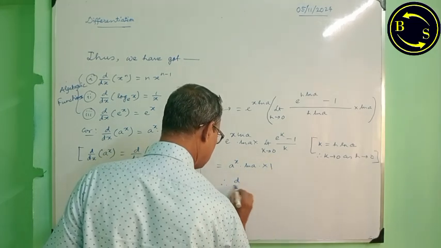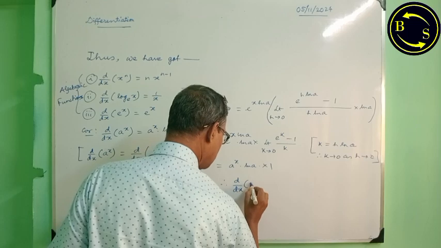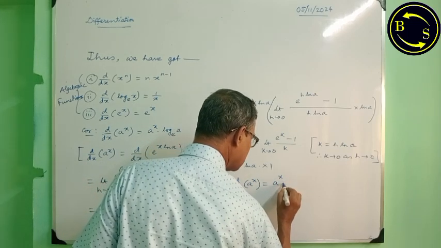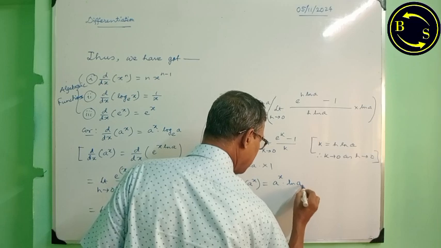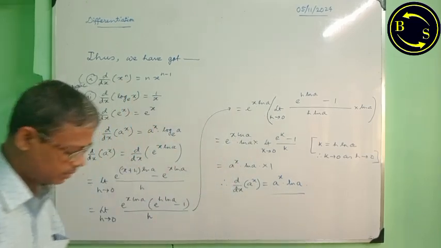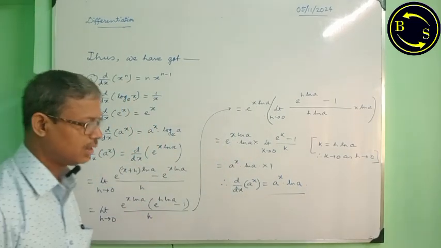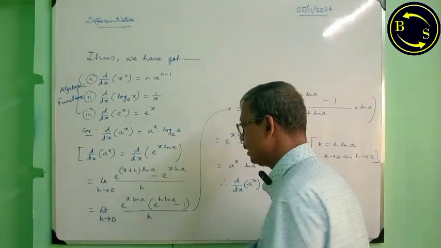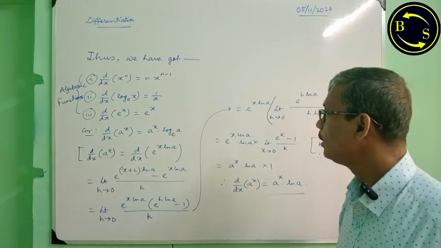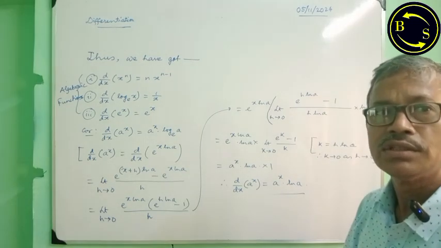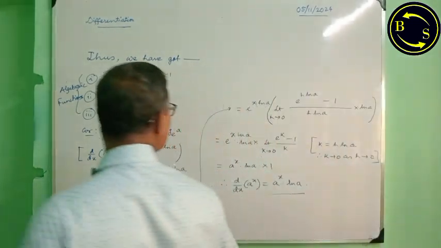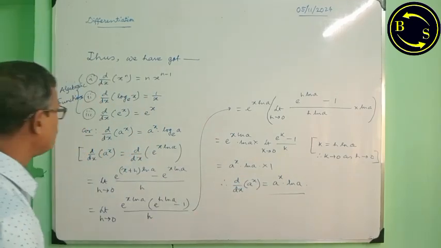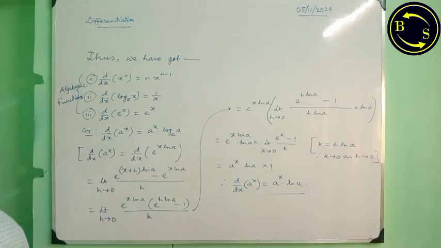Therefore finally d/dx of a to the power x is equal to a to the power x into log a. This is the deduction of the formula. It is requested that you do this part yourself, though I have worked it out here.